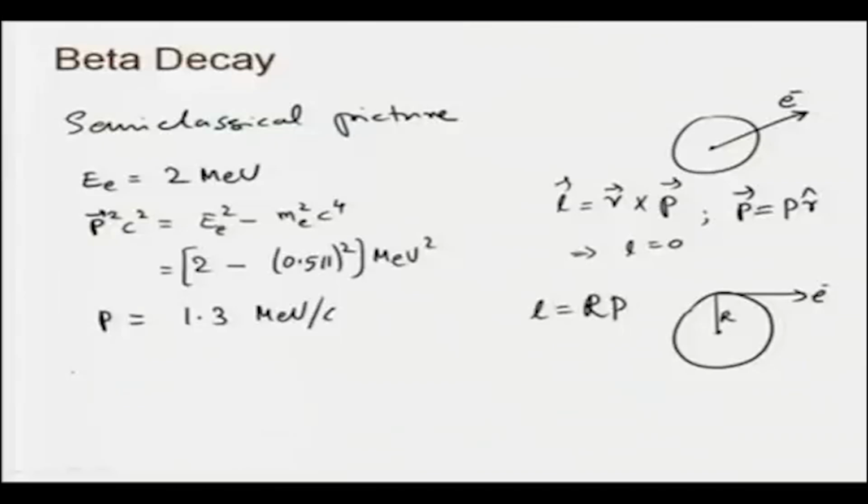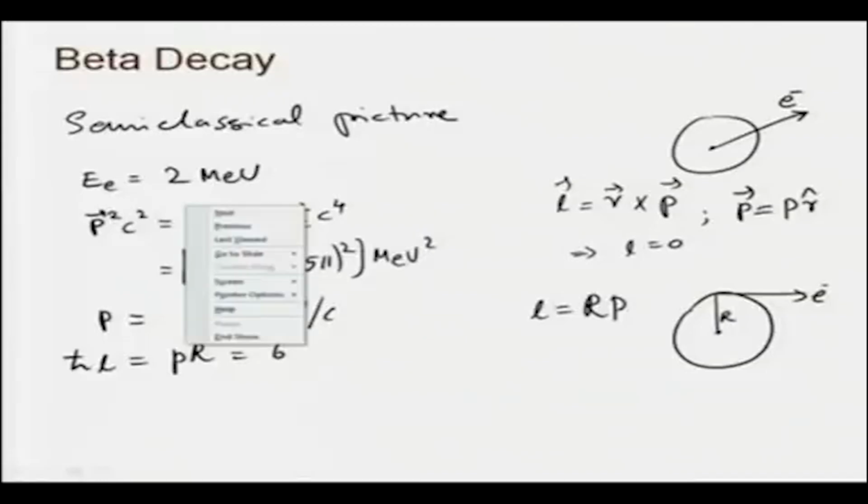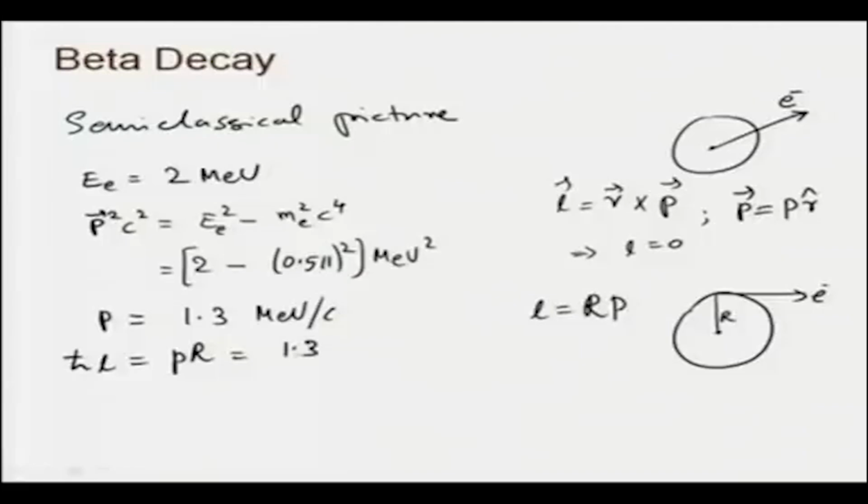Now, L is equal to, or rather in quantum mechanics it is ħ L, which is the momentum p times R, and L when it is taken in units of ħ is equal to pR. Let us see what is momentum. It is 1.3 MeV per c into what is the value of R. R we know is equal to 1.2 A to the power 1 by 3 Fermi.